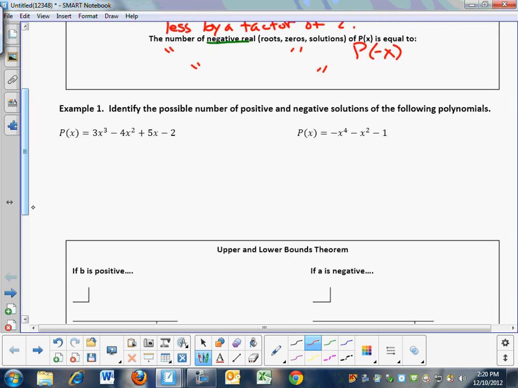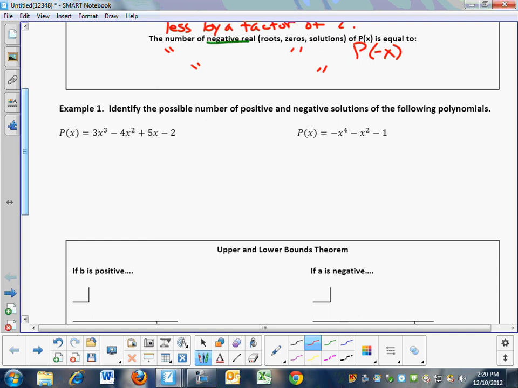Okay. So it says identify the possible number of positive and negative solutions of the following polynomials. So what I do is I look at my terms and my coefficients. Is 3x to the third positive or negative? It's positive, right? 3, no negative sign, so it's positive. How about the 4x squared, positive or negative? Negative. This one? Positive. This one?